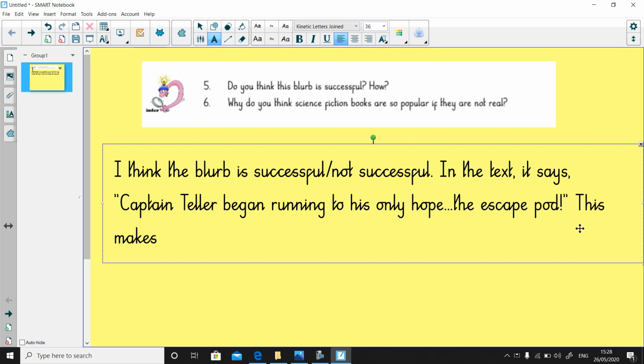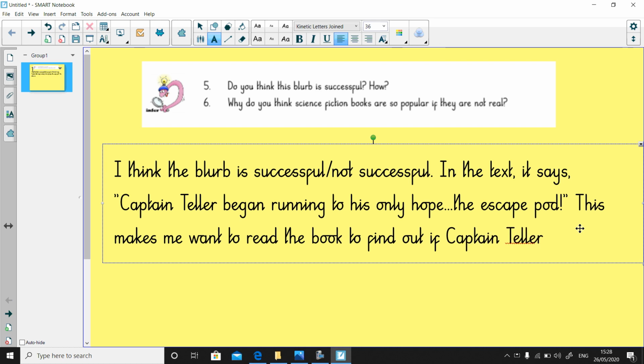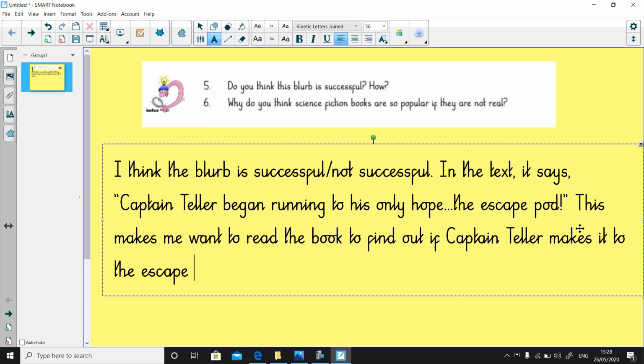So this makes me want to read the book to find out if Captain Teller makes it to the escape pod and safely arrives. I'm going to say, because obviously I don't know yet because I haven't read the book, so back home or to the planet.